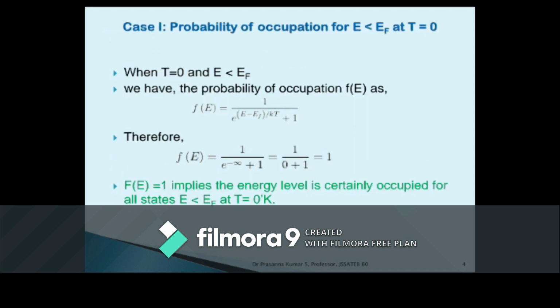This is the first case, where we are trying to find the probable values of occupation for the energy levels less than that of EF.